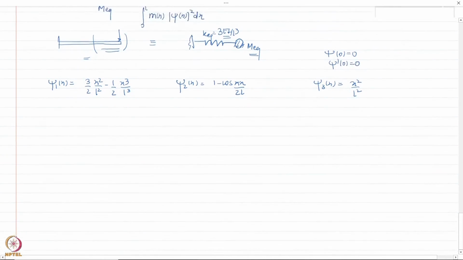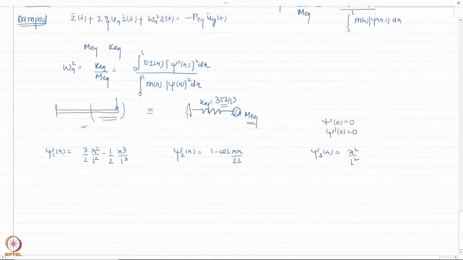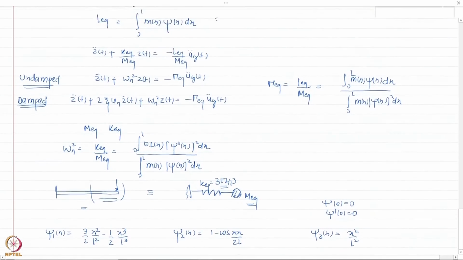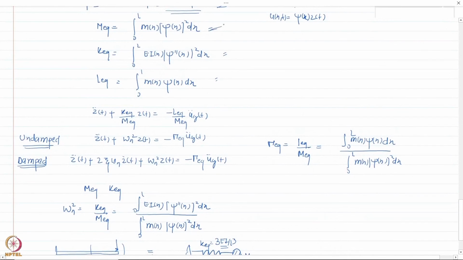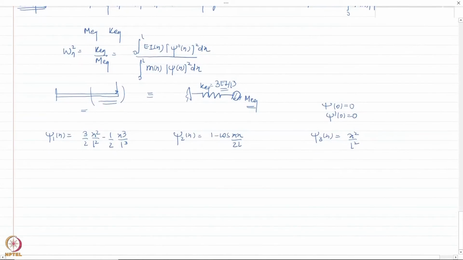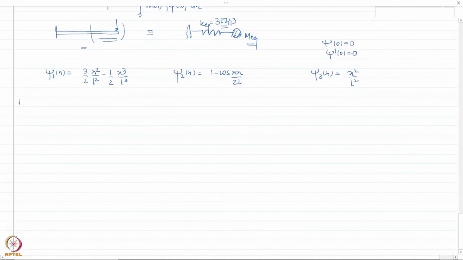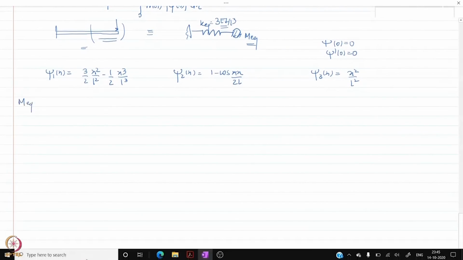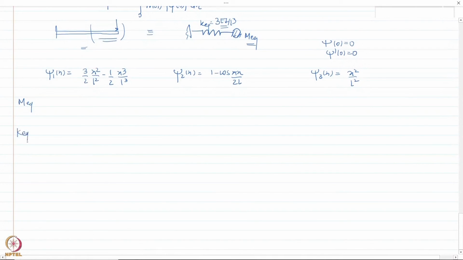So all I need to do is substitute these shape functions in the equations that we have derived for mass and stiffness to get the value of m equivalent and k equivalent and then omega n, and compare to see how different shape functions affect the equivalent properties and the modal properties of this cantilever beam.